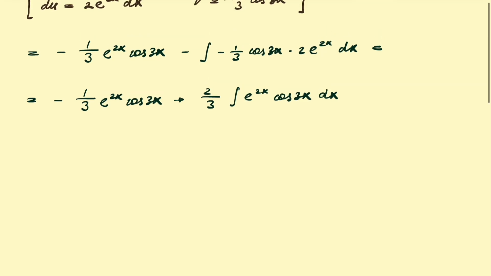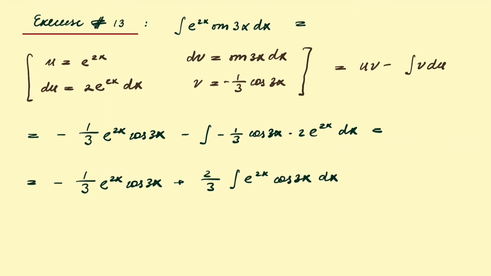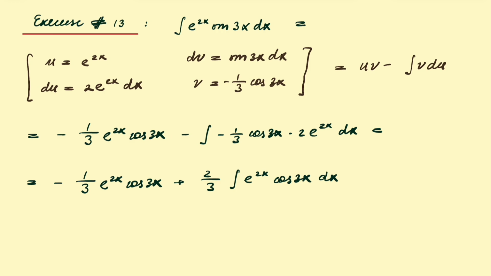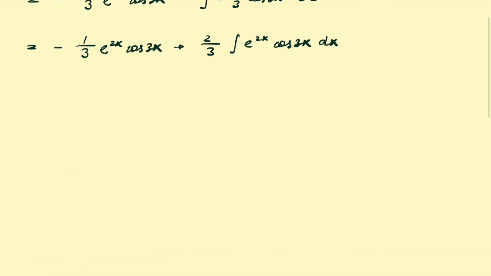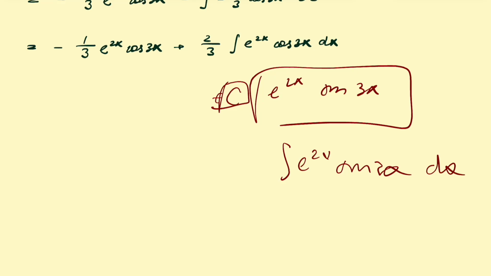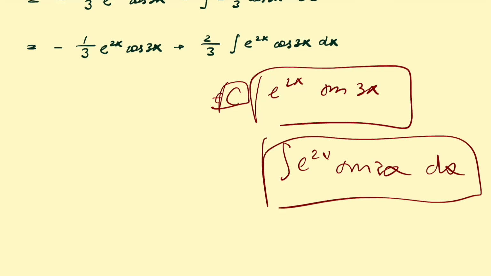right? As you may note, we have a similar-ish structure to our previous integral that we are searching for. So we can then conclude that, okay, let's apply integration by parts one more time to obtain the form of e to the 2x sine of 3x, right? And then we can add or subtract, depending on the value of this constant here, the integral of e to the 2x sine of 3x to both sides and find the value of this integral itself.